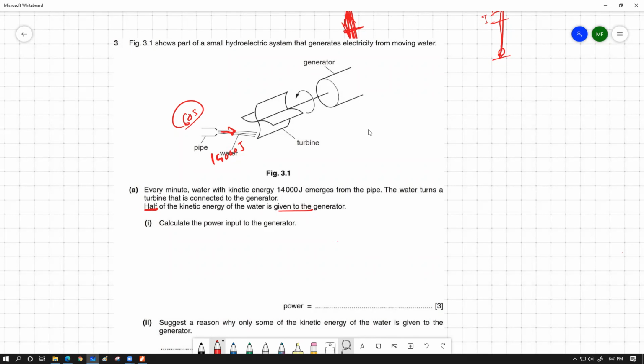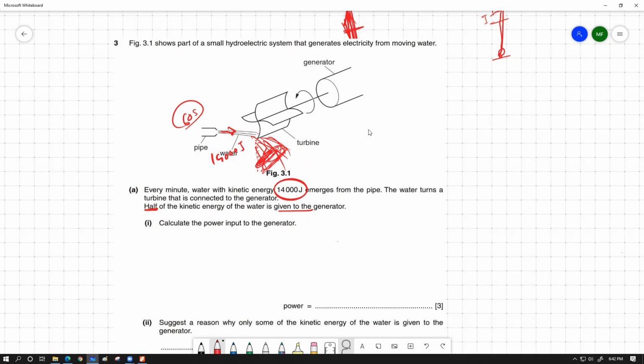It's not going to work that water hits over here, and after hitting this turbine blade, water simply falls like a drop. There is all possibility that the water is going to splash out. So whenever the water splashes out, it means that some kinetic energy is still left within this water. So logically, it's not possible to supply all the kinetic energy into the turbine. That's why they have already given us that expression that half of the incoming energy from the water is given to the generator.